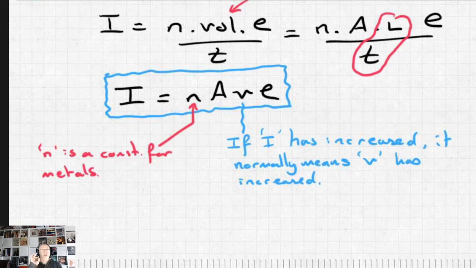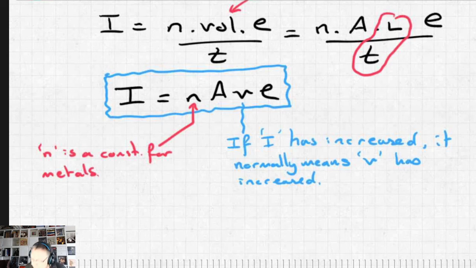But the bottom line is, it's because the drift speed has increased. If the drift speed has increased, that could be because the voltage is increased, because that will provide a greater driving force and that will make them go on average faster. Or if the resistance somehow is decreased, again, that means the electrons can flow faster.